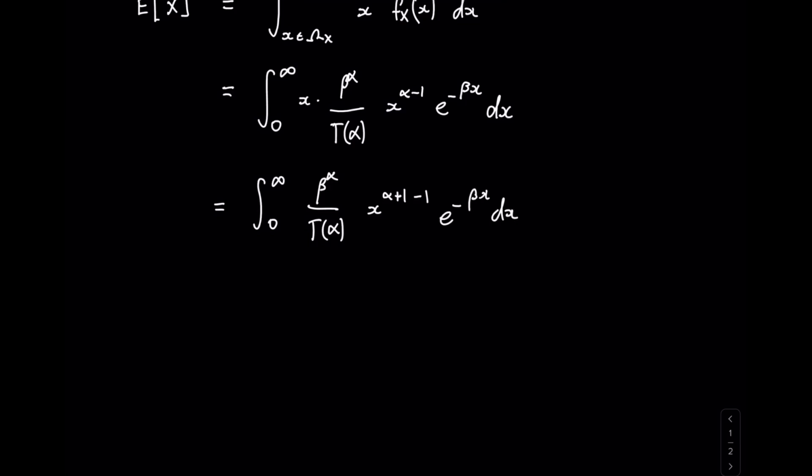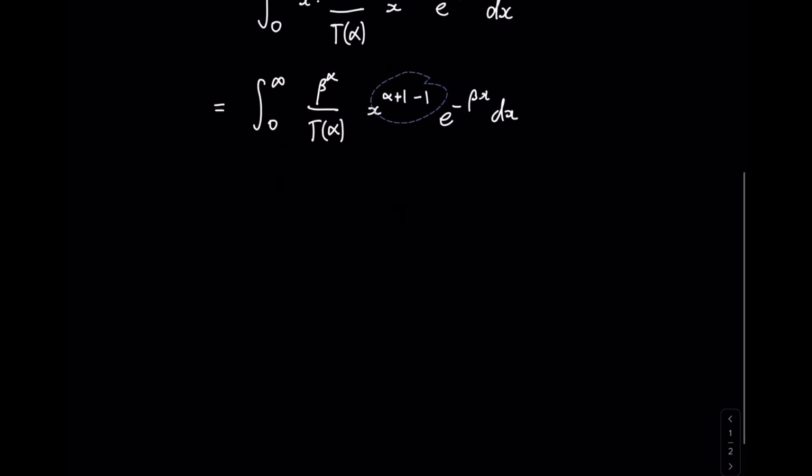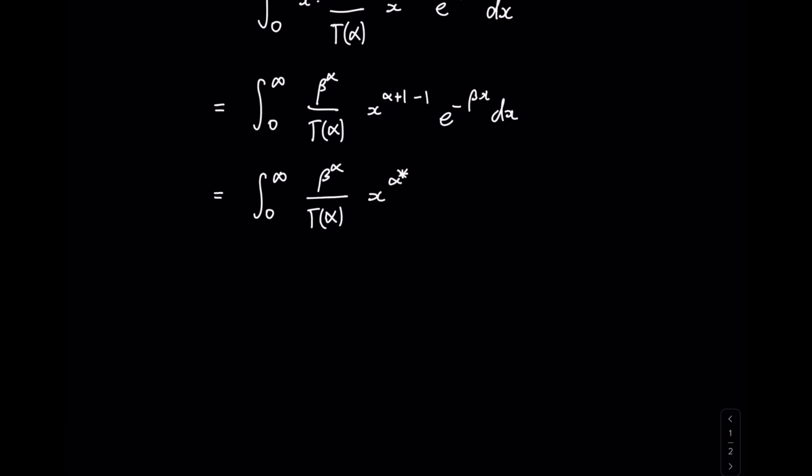You might be asking why I didn't just combine the plus 1 and the minus 1 in the power, and I will go through that in the next step. In this next step, I'm going to take beta to the alpha over gamma of alpha, and relabel this as x to the power of alpha star minus 1 e to the negative beta x dx, where alpha star just happens to be alpha plus 1.